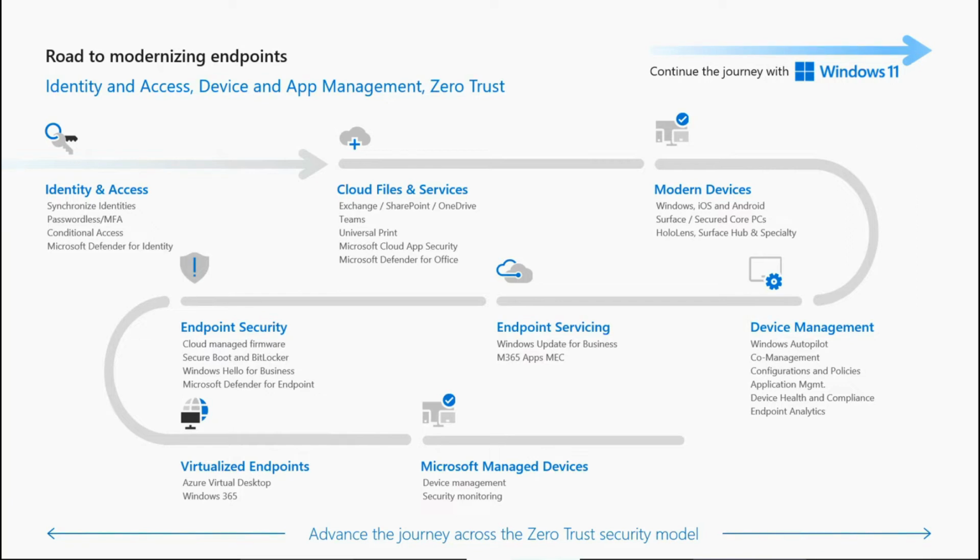Again, all this stuff is done through Intune. And then the device management piece, virtualizing endpoints, Microsoft managed devices, all this is really that whole security device management story that it's just a big journey that we're all kind of on today.